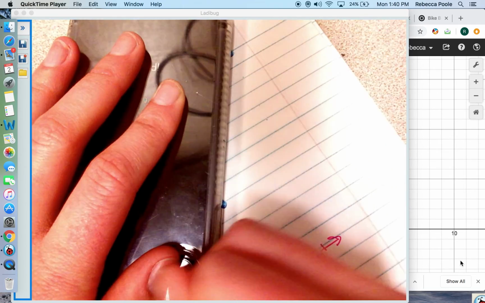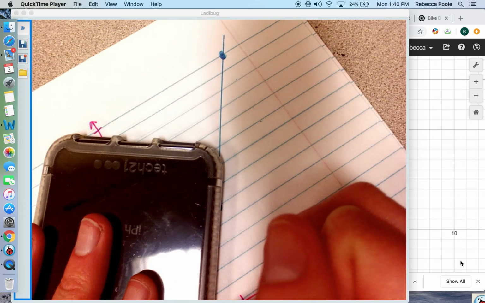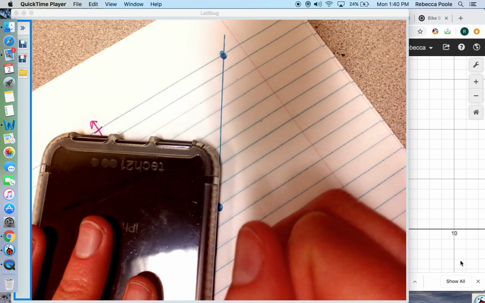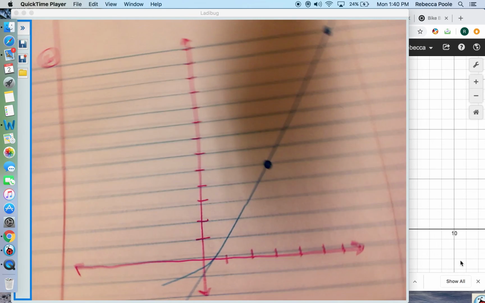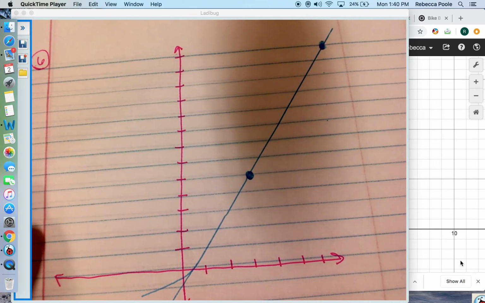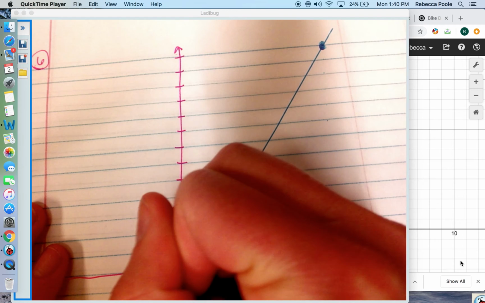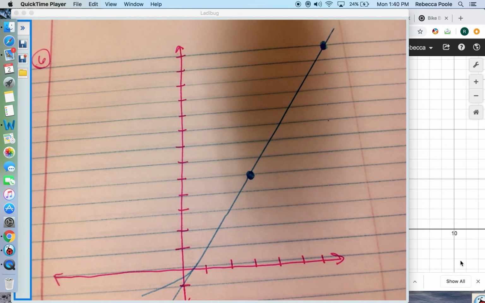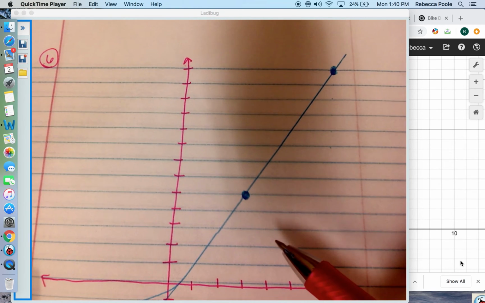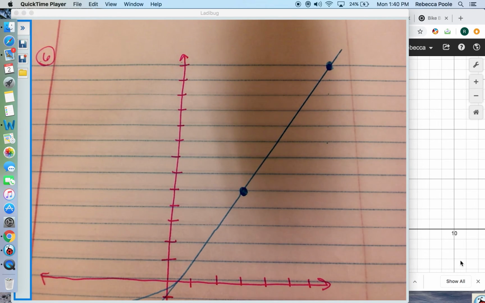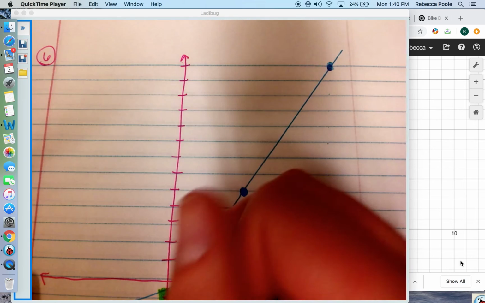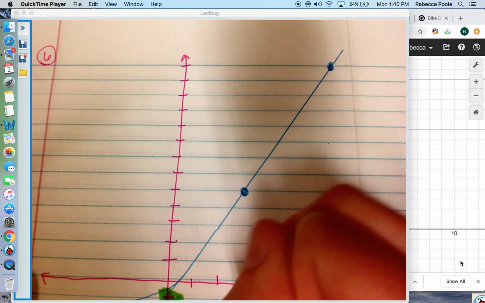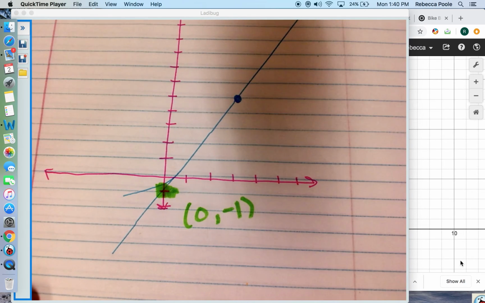And this will be much better if you do use graph paper, because I already messed up, because I'm trying to do it without graph paper. All right, so if I connect this line, it does look like it's going to cross the y-axis at 0, -1, right?